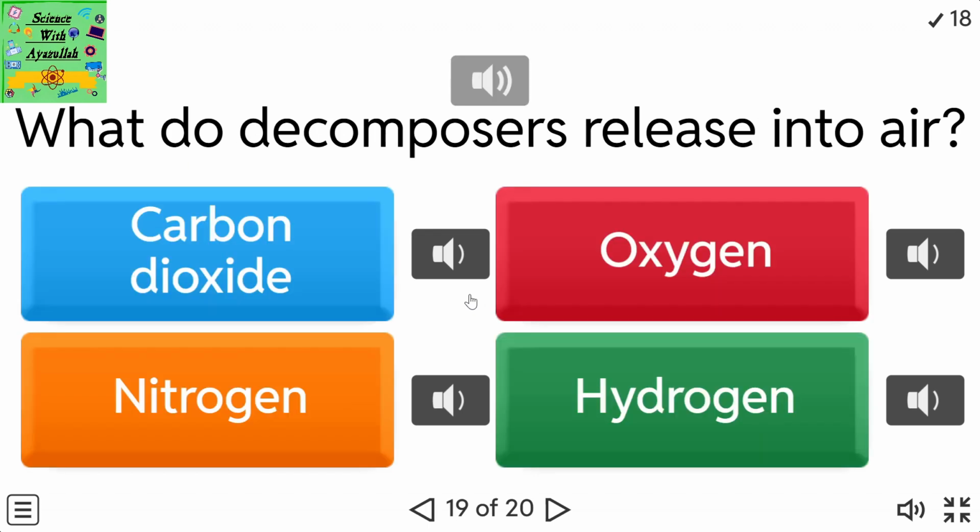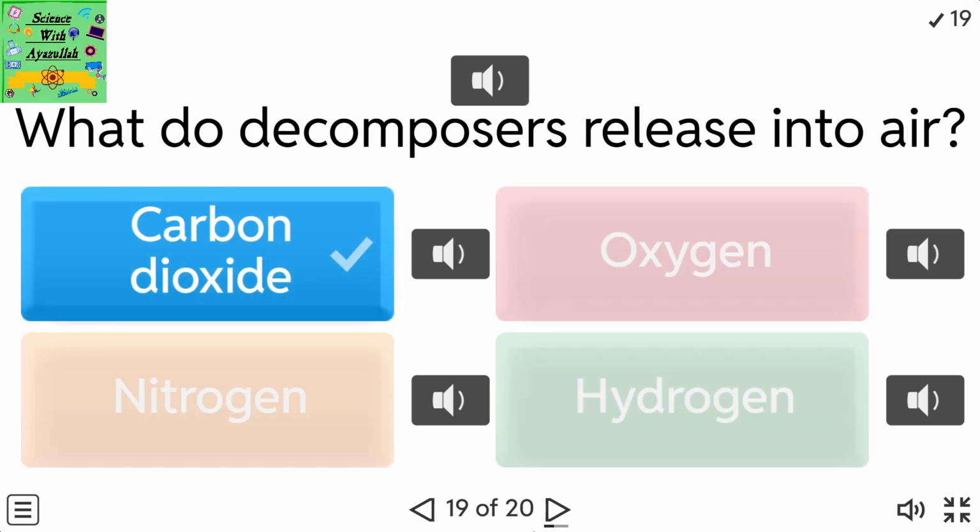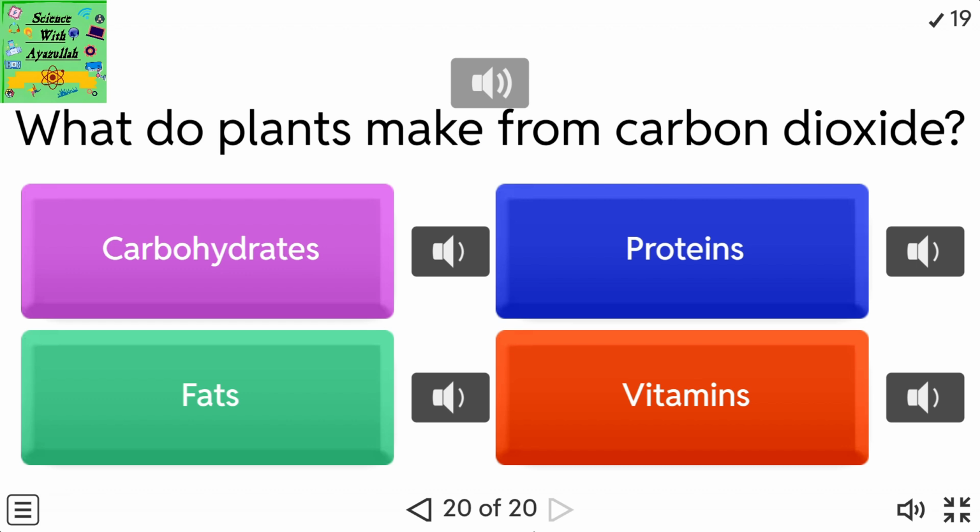What do decomposers release into air? Carbon dioxide, nitrogen, hydrogen, oxygen. What do plants make from carbon dioxide? Carbohydrates, fats, vitamins, proteins.